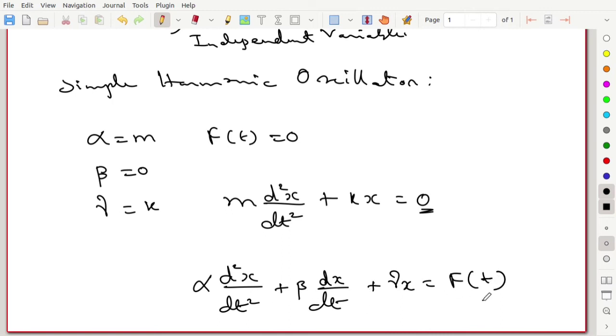So this is a general second order ordinary differential equation. Second order because the highest order is 2.